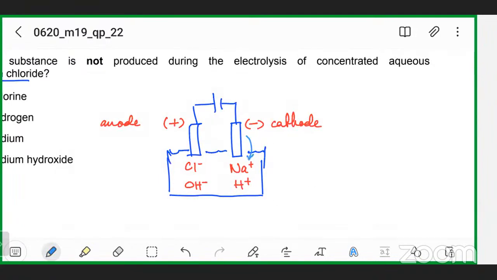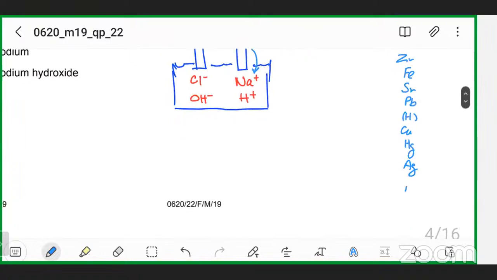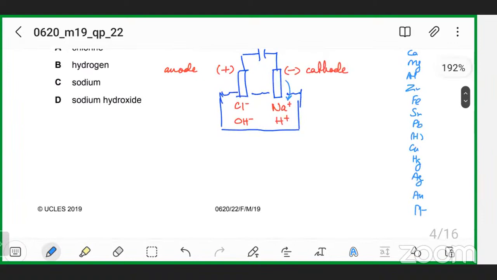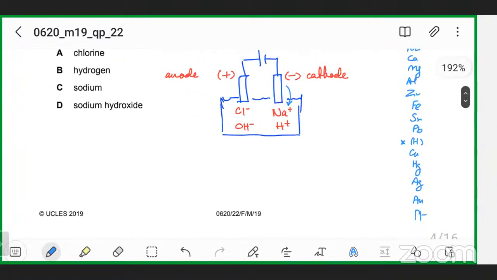The one that's lower in the reactivity series will gain the electrons. If I were to write the reactivity series: K, Na, Ca, Mg, Al, Zn, Fe, Sn, Pb, H, Cu, Ag, Au. The one lower in the reactivity series is the one that's going to gain electrons.